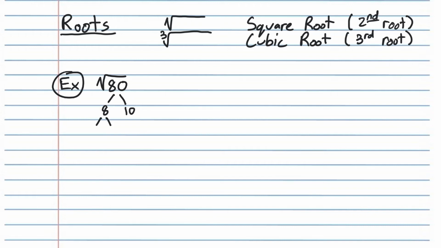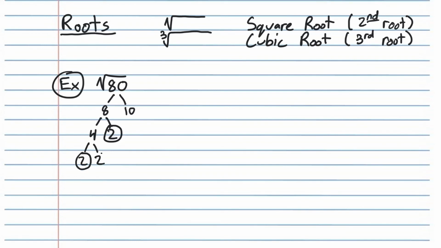So, for example, 8 can be broken down into 4 and 2. Okay, we keep going. 2 cannot be broken down any further. It's what's called prime. Okay, so I'm going to circle that. 4 can be broken down into 2 and 2.